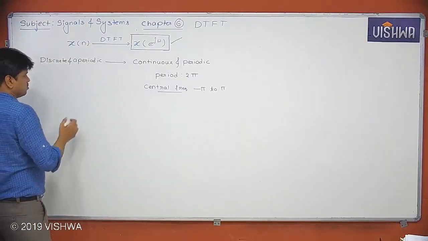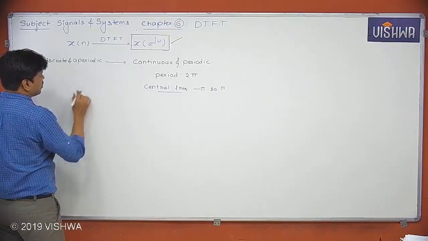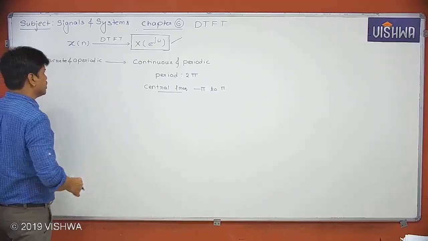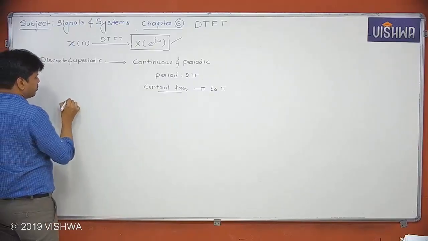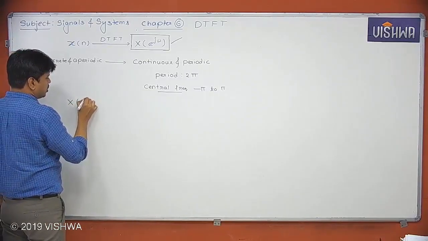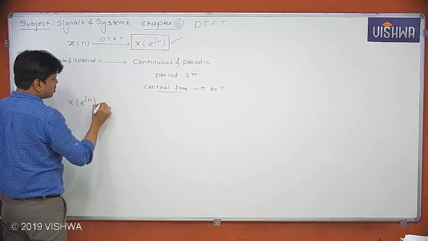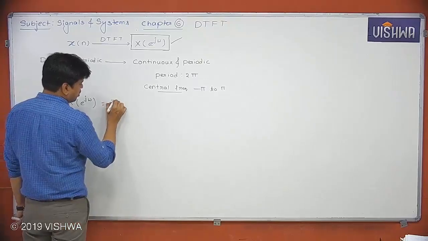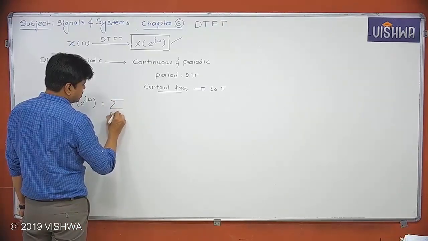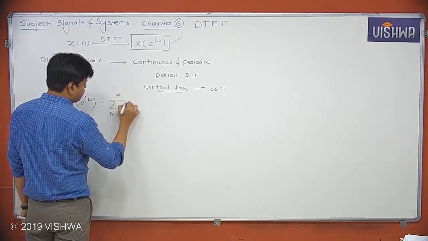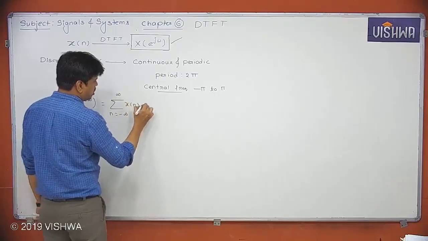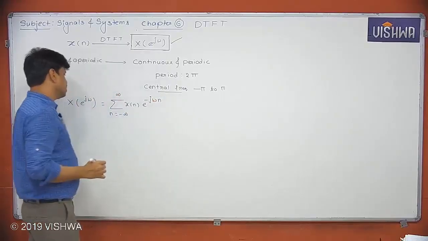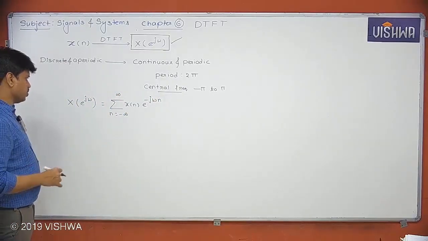So if x of n is given to you, it is actually capital X of e power j omega. If x of n is given to you, then how can you calculate x of e power j omega? In the Z transform, we have seen some introduction to this DTFT. So this is summation n equal to minus infinity to infinity x of n e power minus j omega n. So this is what we are going to do.